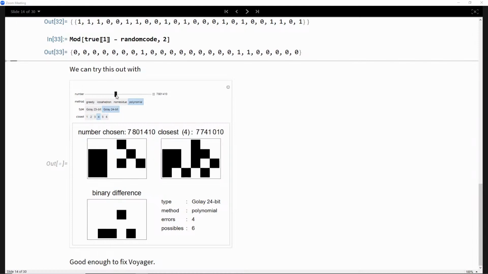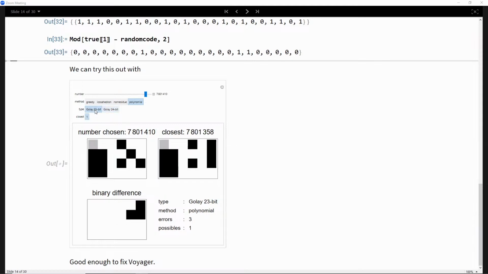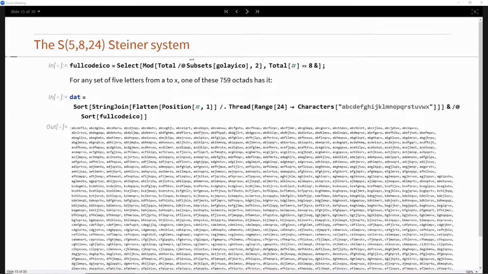So for something like that, you'd want to do a resend. Usually, though, they use the 23-bit system because it's perfect. And with that, they managed to fix Voyager. It's now working again. They sent a set of code to bypass the faulty processor. So Voyager is sending messages again.